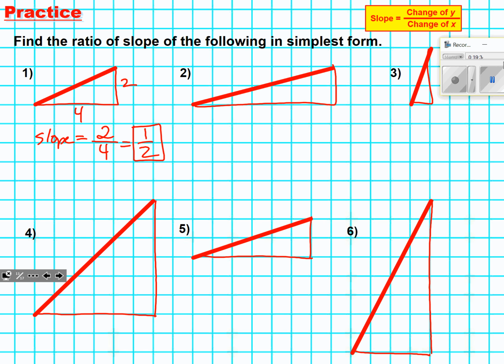For number 2, the vertical change is 2, and the horizontal change is 1, 2, 3, 4, 5, 6, 7. So the slope is equal to the vertical change of 2, or the change of y, and the horizontal change, or the change of x, of 7.